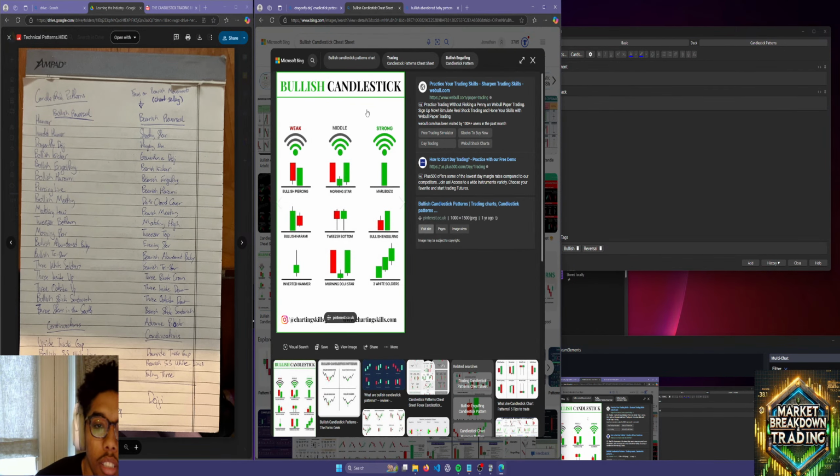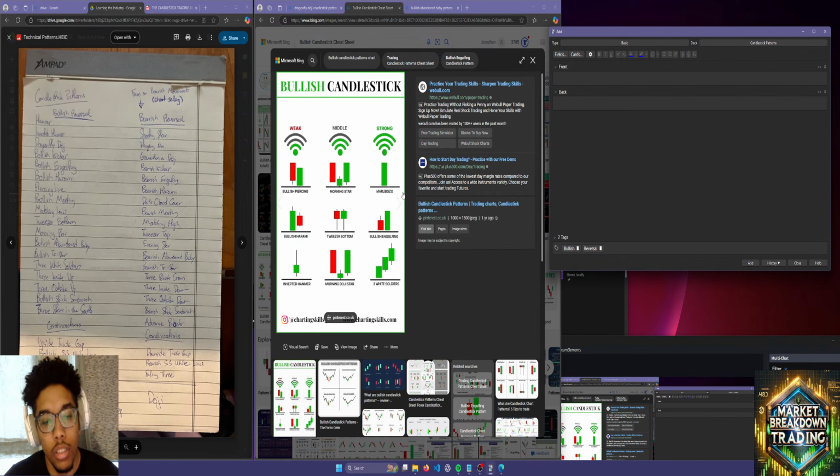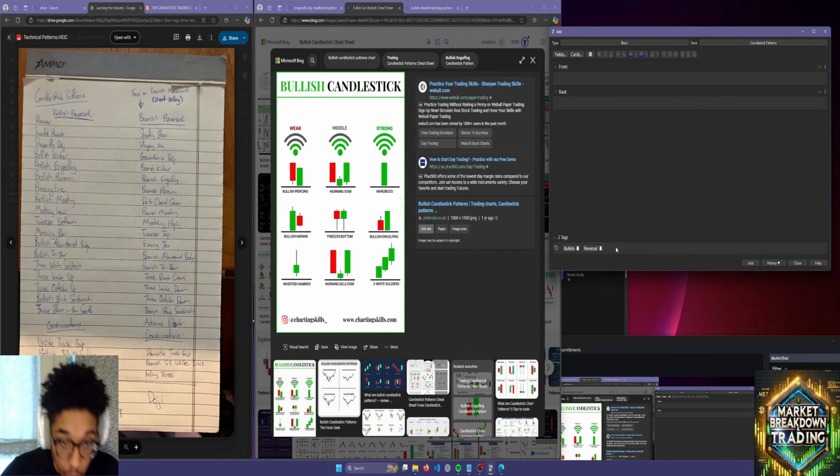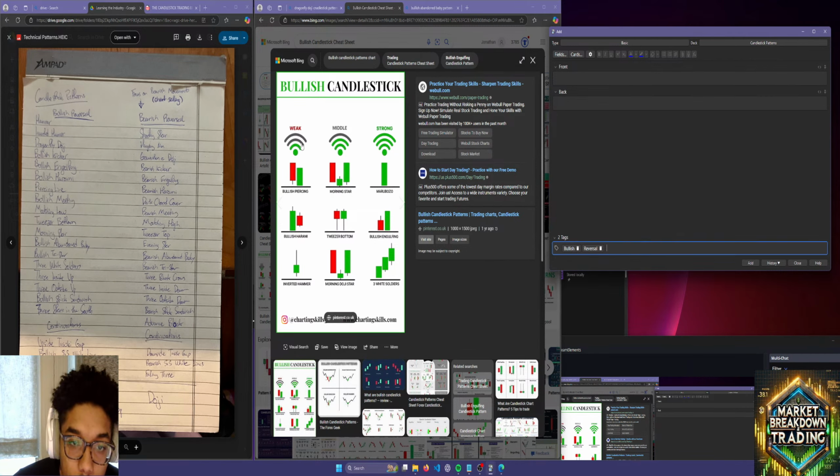I also like that this tells you the strength of the signal. I think we might need to add another tag: weak, middle, and strong. Because I think that's important.